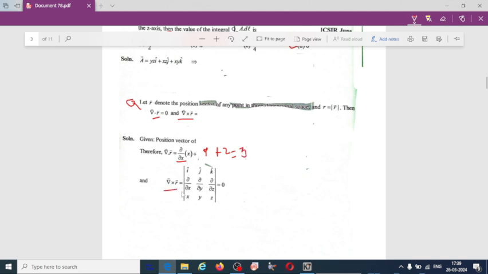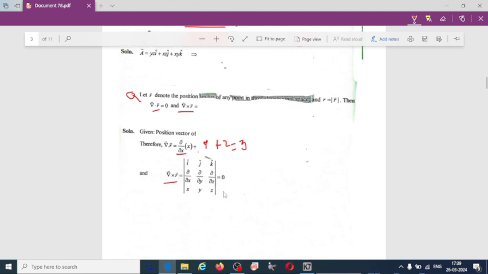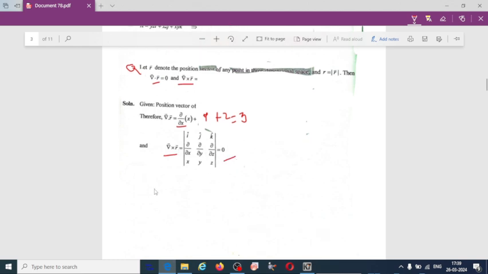Del cross R, the cross product of the position vector, is always 0. So here del dot R is 3 and del cross R is equal to what? 0.